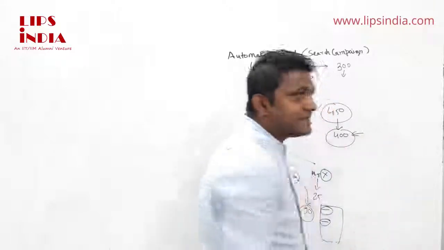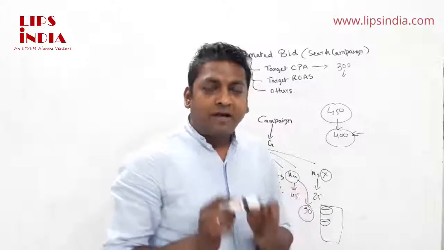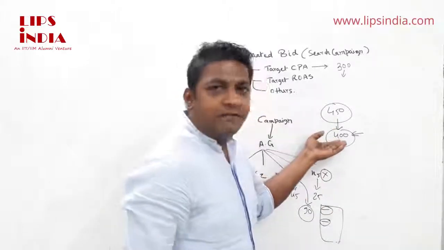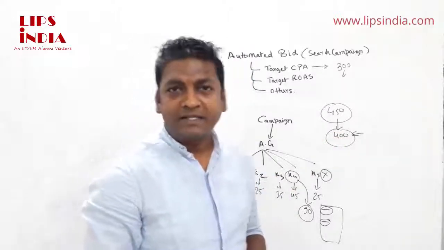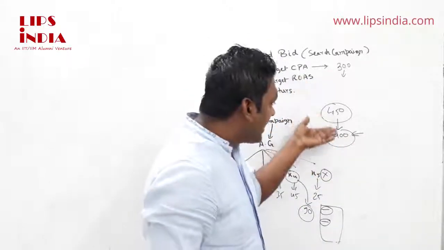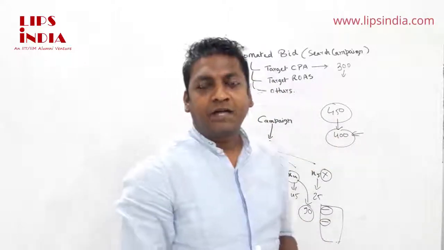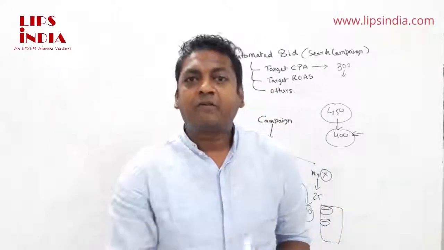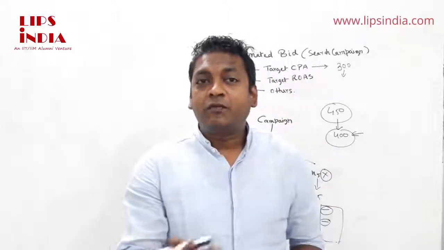But this does not necessarily mean that your campaign is optimized, because you will also have to look at, you brought down the cost per acquisition, but let's say the number of conversions also goes down drastically. That's where you have to take a call on whether you want to continue with a CPA bid, wherein your actual CPA cost has come down by 50 rupees, but the overall number of conversions comes down by 20-25%. Does that actually affect the profitability of your business or not, or how much of an impact will it have on the overall revenue?